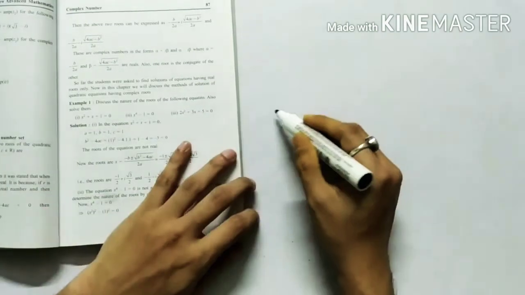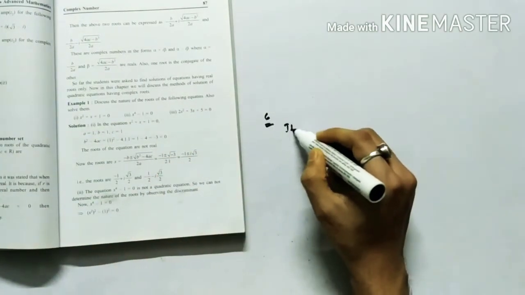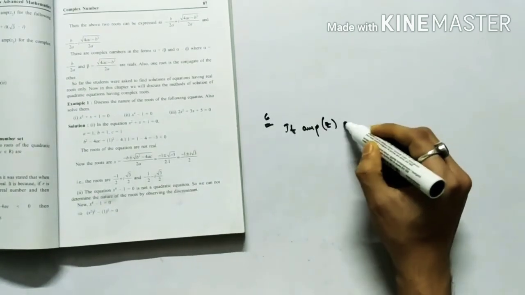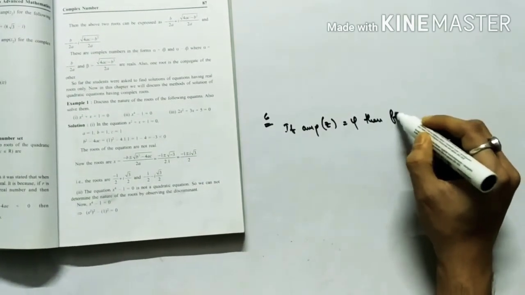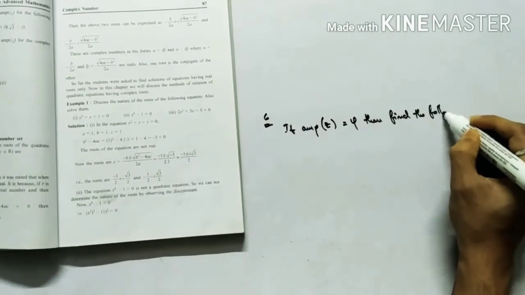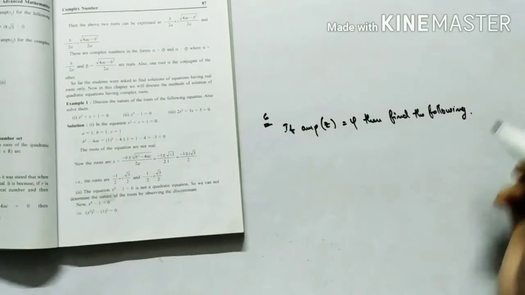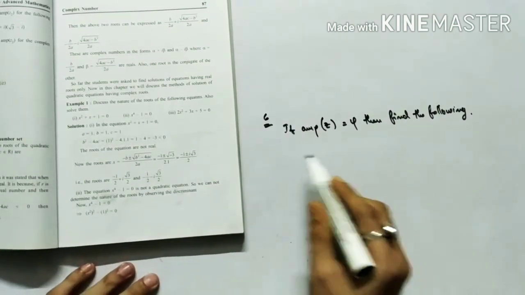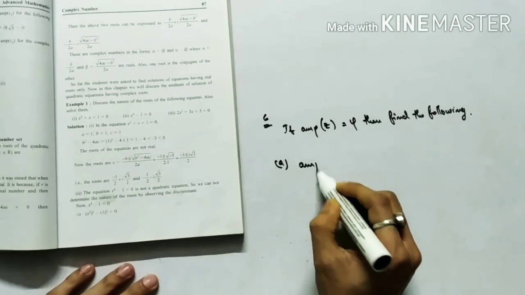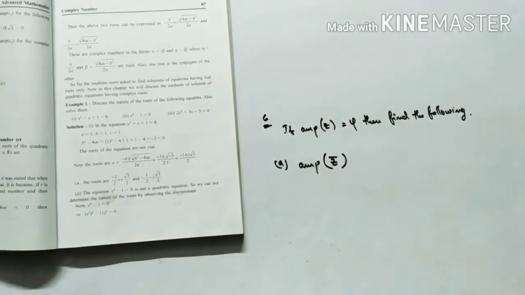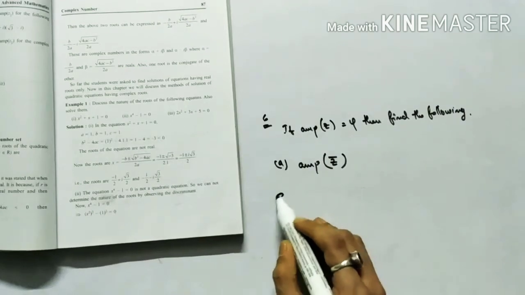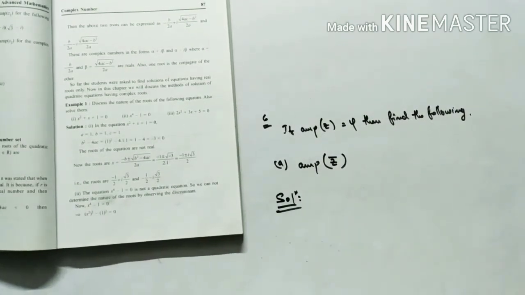So next it is type 6. If amplitude of Z is equal to phi, then find the following. Question number 6: first of all, part A, amplitude of Z bar. So this is the solution.